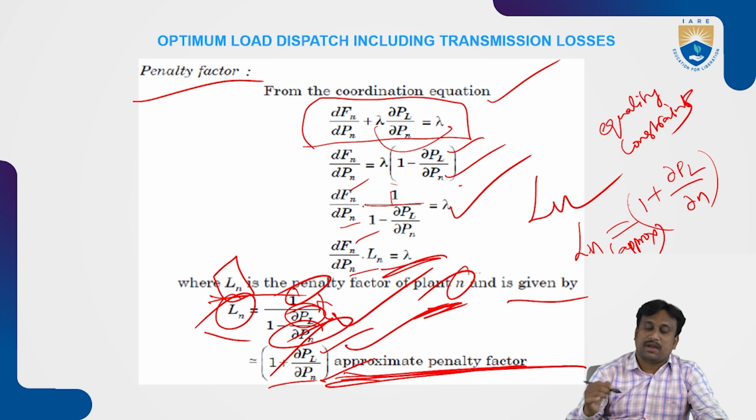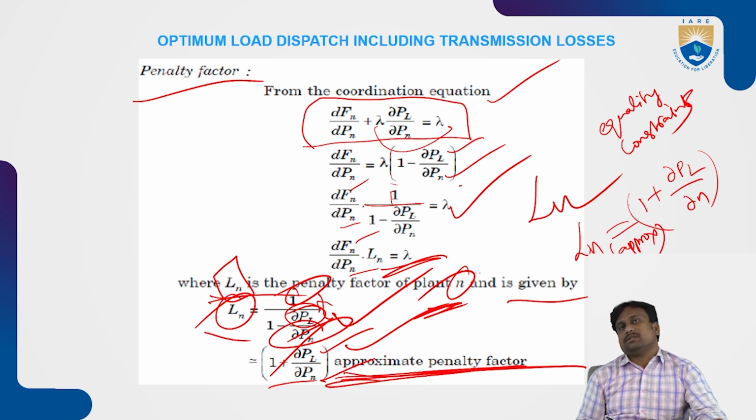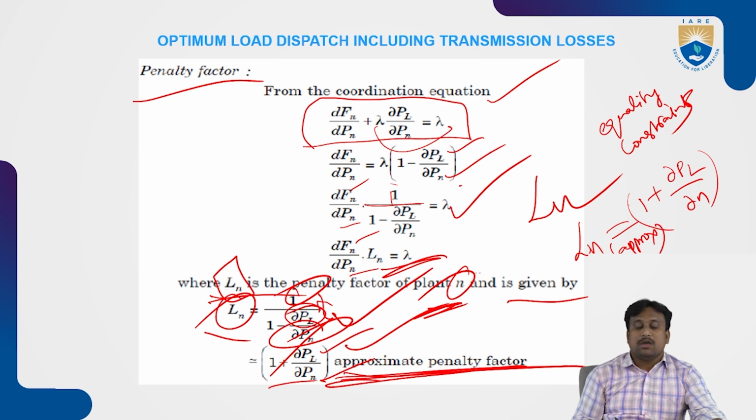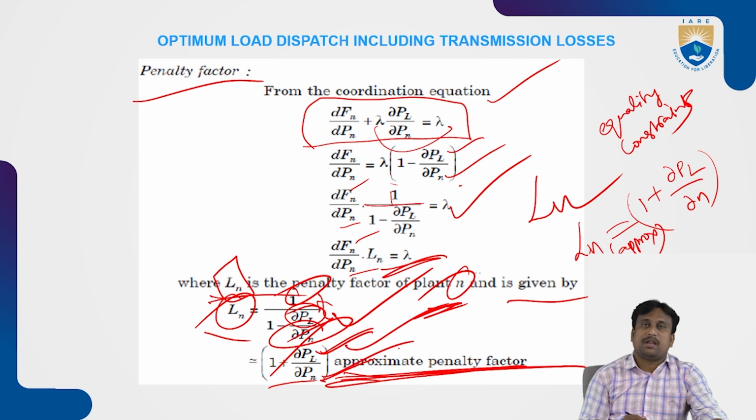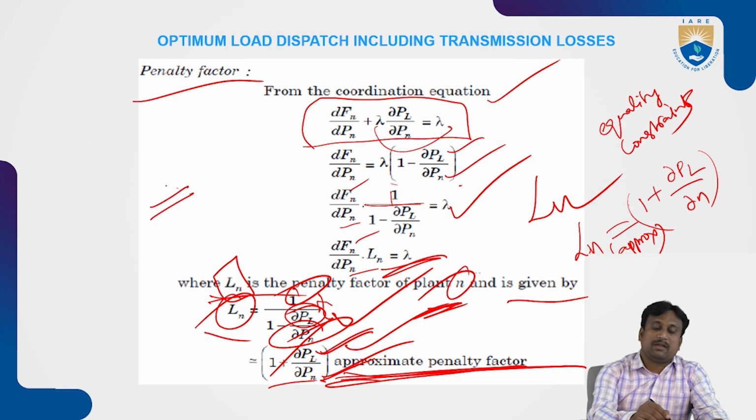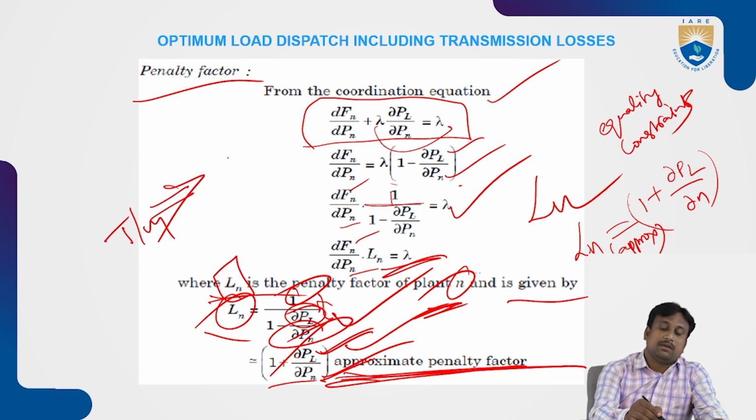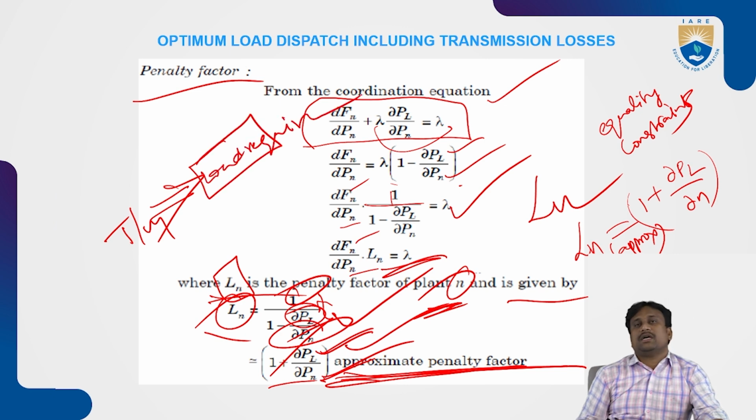of penalty factor. What happens with this approximation of penalty factor is that we can substitute the corresponding PL and PN values. Then the approximation tells us whether the amount of power that should be transmitted over the transmission network will meet the load requirement or not. That can be decided with the penalty factor consideration.